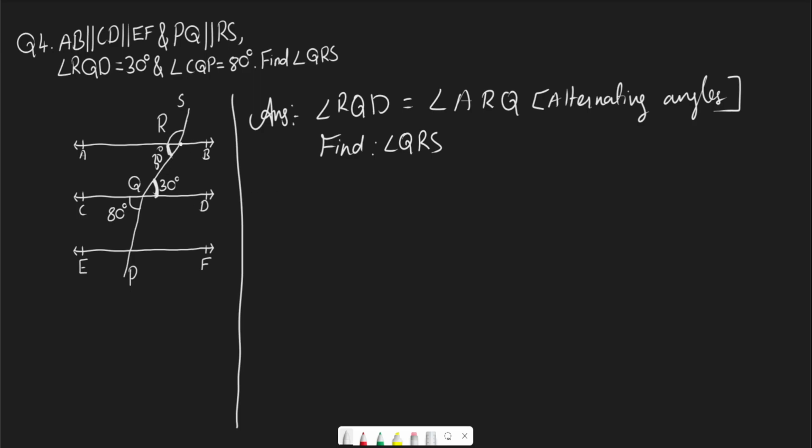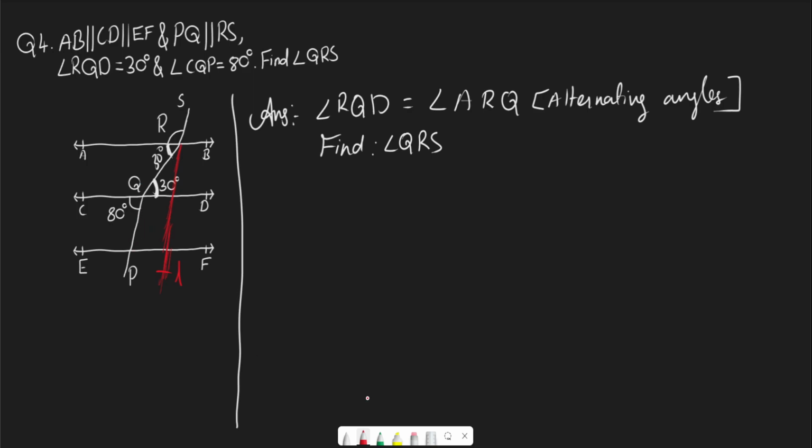We don't know it yet. So if we just construct SR straight, extending it, because it's parallel to PQ, it won't be like this. Why? Because RQ is a different line segment. So we extended SR to L. We are not gonna use it anyway.